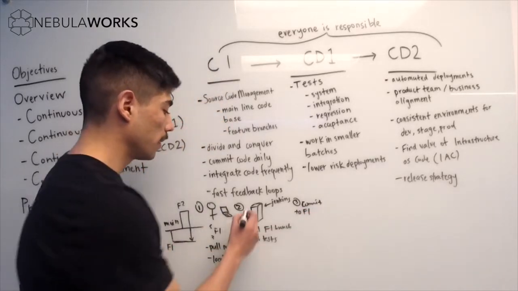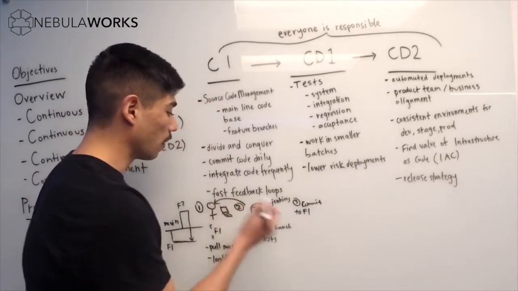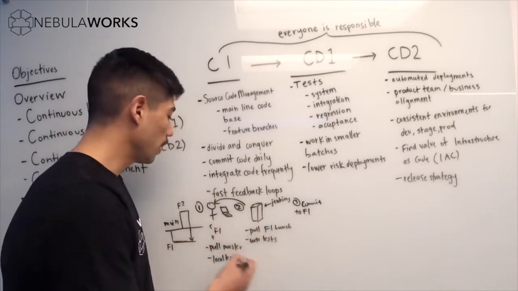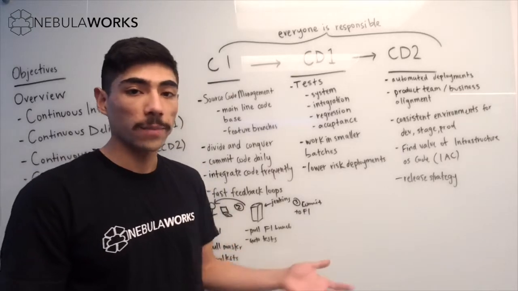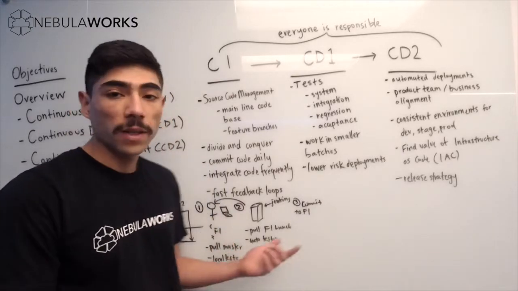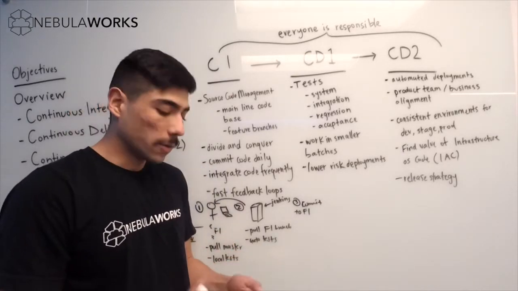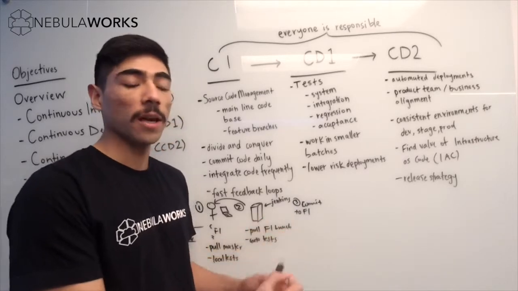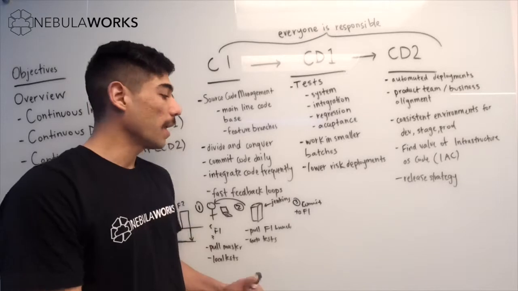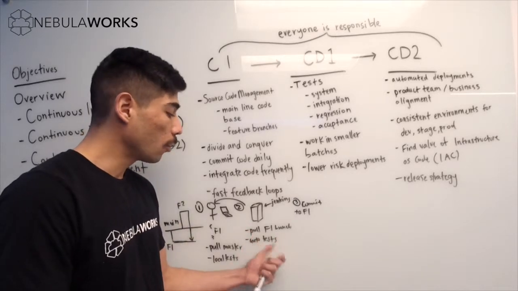If it fails, the developer should be notified with a feedback loop, notifying them that their change or their feature is broken and they have to fix it. So this creates responsibility or accountability for the developer. If their change is not functional or does not work, then an automated system will notify them.